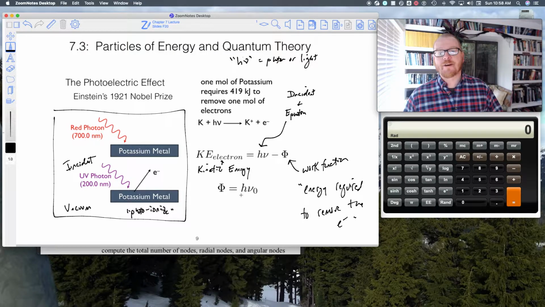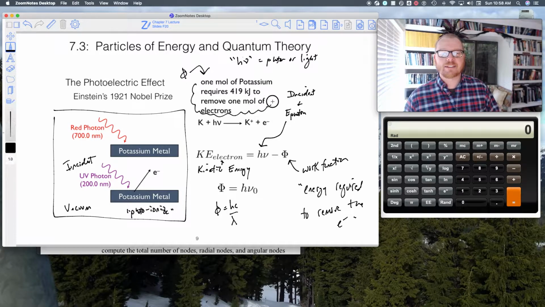And so we could say phi equals also h times nu sub 0. We could also say phi equals hc over lambda. We could also say phi equals this energy that I have right here. So phi, this work function or energy required to remove the electron, can also be related to this number.